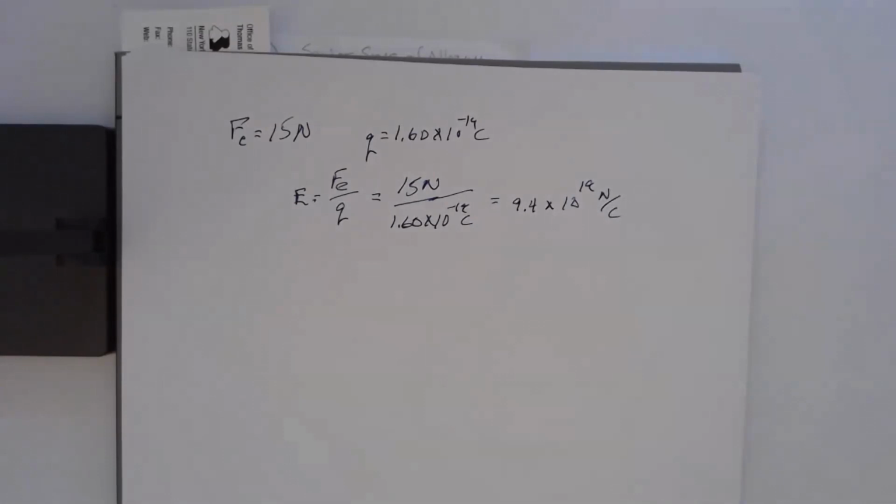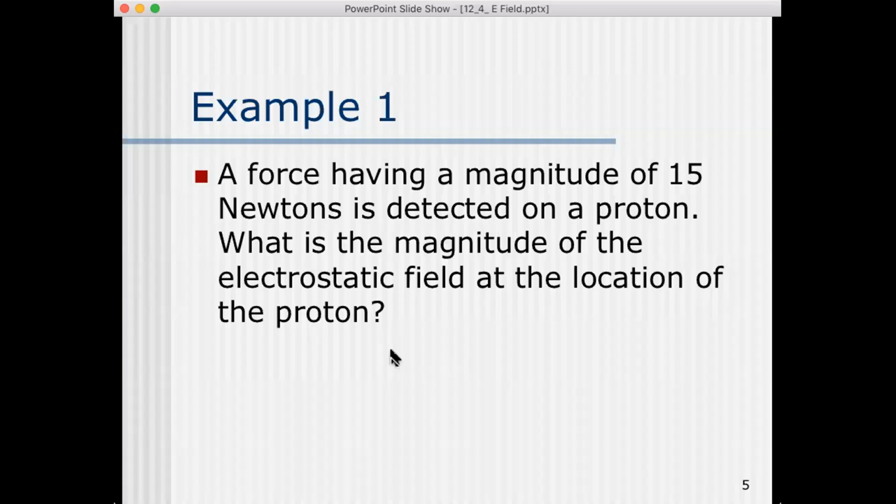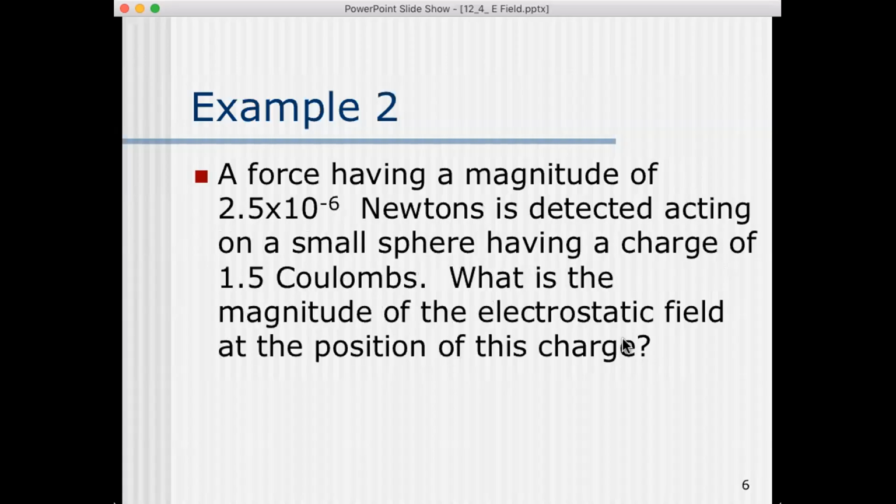That's the idea. Now let me go back to the slides and we'll take a look at the next problem. The next problem, example 2. In this problem, a force having a magnitude of 2.5 times 10 to the negative 6 newtons is detected acting on a small sphere having a charge of 1.5 coulombs.